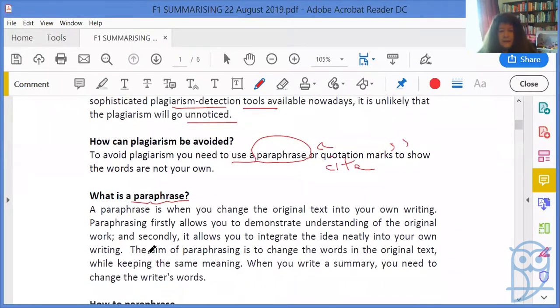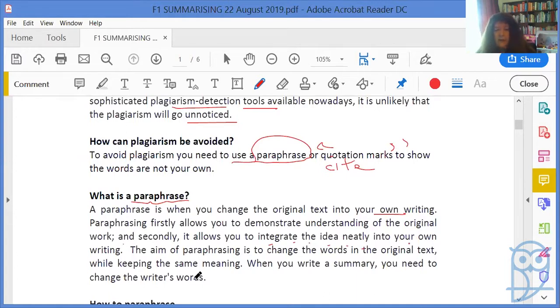A paraphrase is when you change the original text into your own writing, into your own words. Firstly, it allows you to demonstrate understanding of the original work. So you've read it enough times to really know what it means. Secondly, it allows you to put the idea into your own words quite neatly.